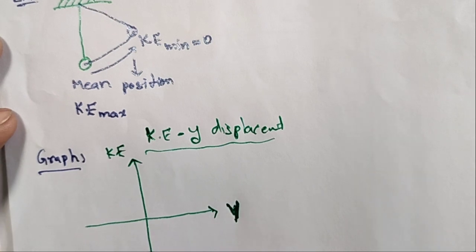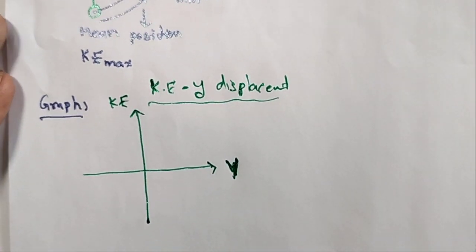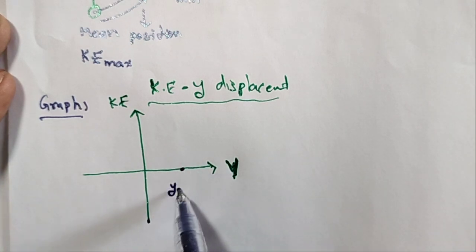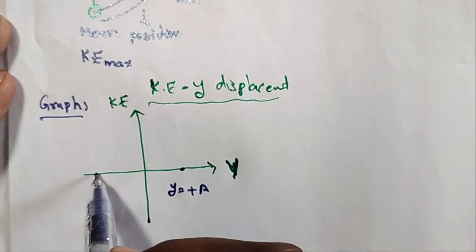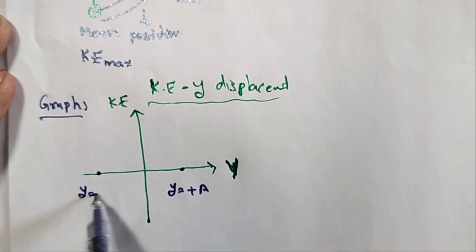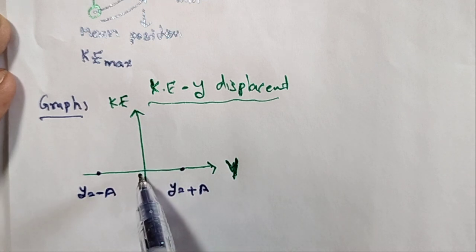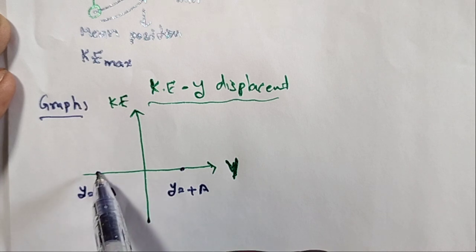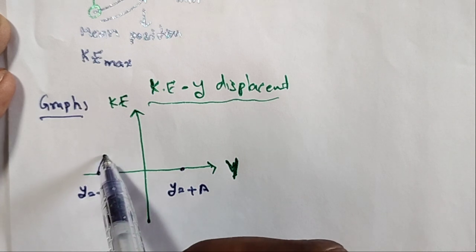In the x-axis I take the displacement y, and in the y-axis the kinetic energy. This is y equal to plus a, the positive extreme position, and this is y equal to minus a. At the mean position, the kinetic energy is maximum. At the extreme position, the kinetic energy is 0, like this graph.